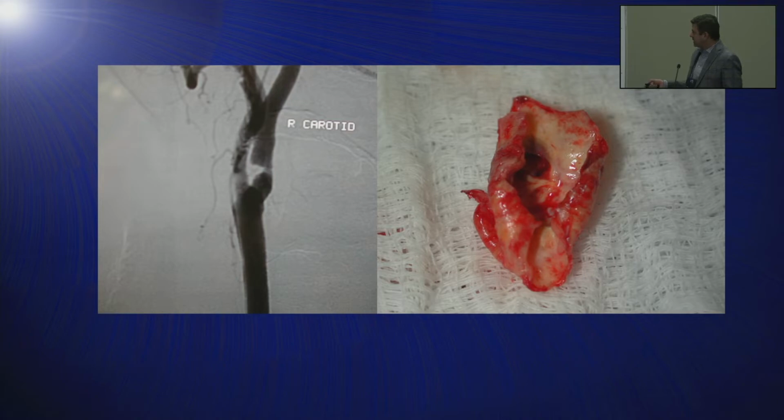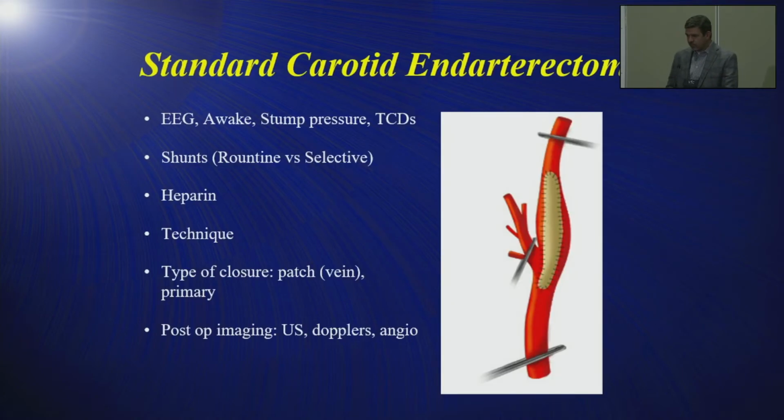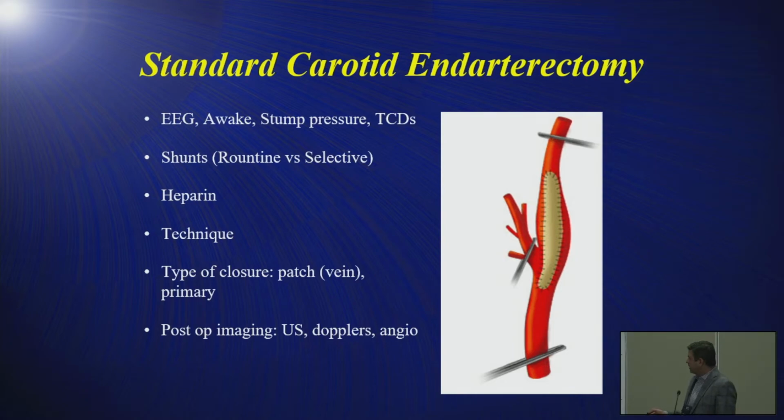This is the lesion on the angiogram, so you see how obstructed it is, and this is actually what we take out during surgery.